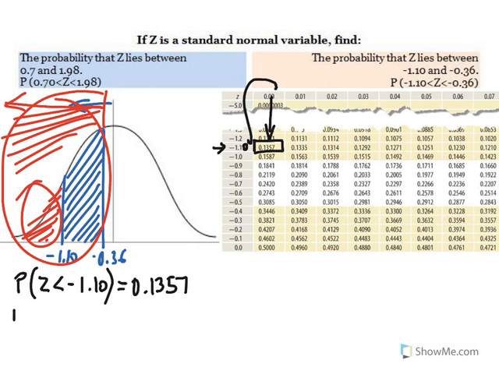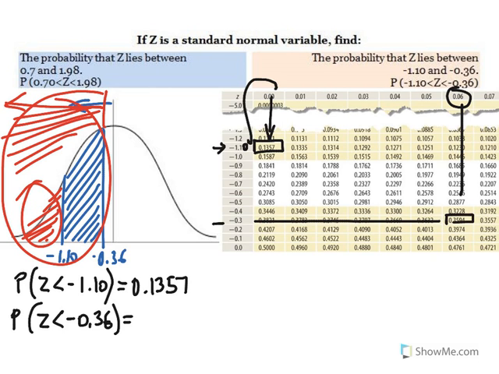What about the area to the left of z of minus 0.36? Where is that? We're going to find minus 0.3 here, and then go to the 6, and then go down here, right, and find the cell that matches the column and the row. And that cell will be 0.3594.